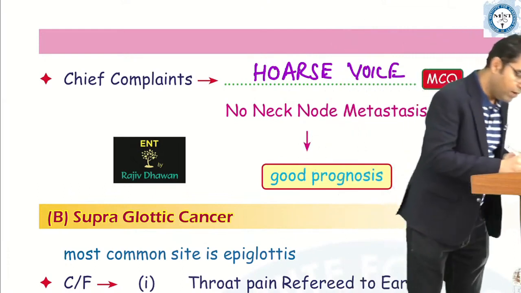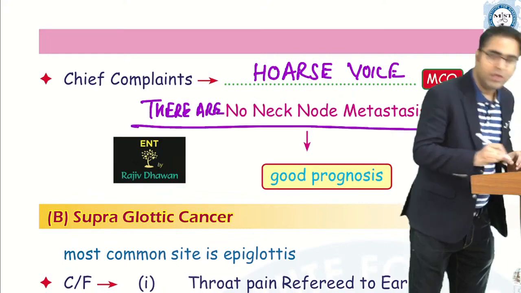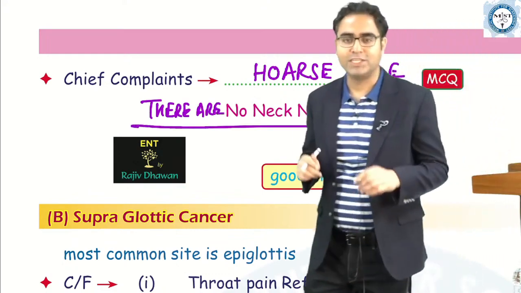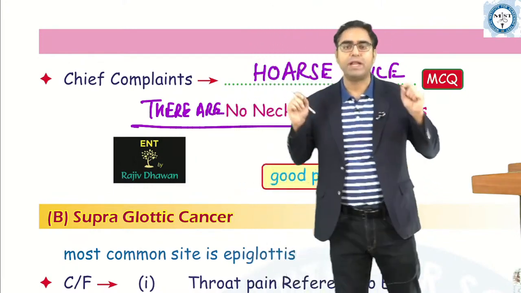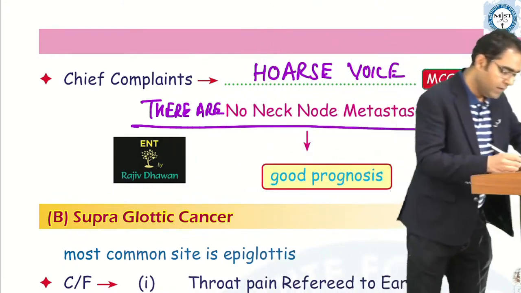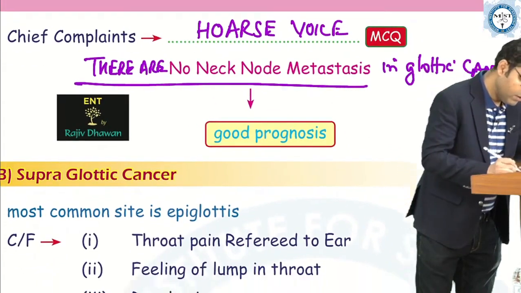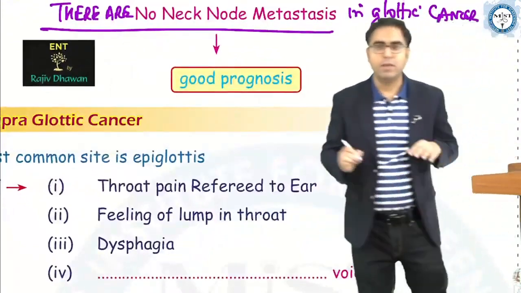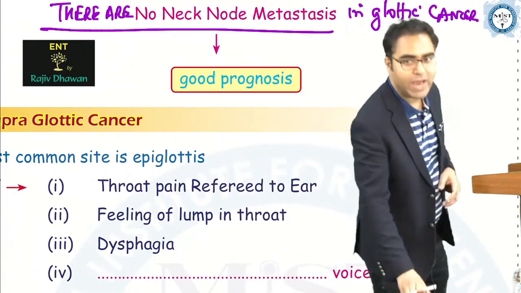There are no neck node metastasis in glottic cancer. Why? Write in the chat box, beta. I want you to answer this question in the chat box. I'm waiting for 10 seconds. There are no neck node metastasis in glottic cancer. Why so?